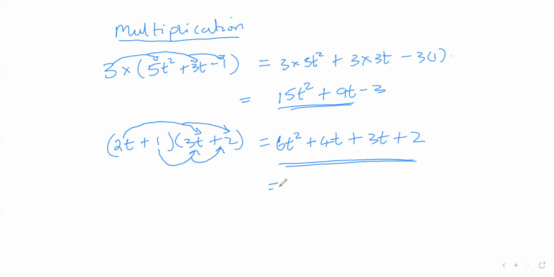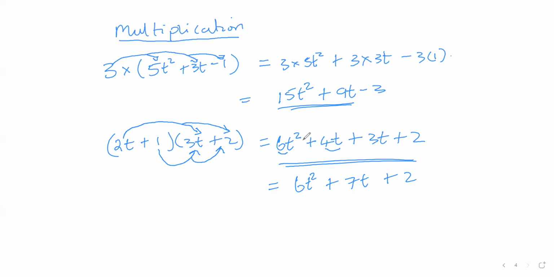So I can simplify further by adding like terms, like we just saw. 6t squared plus 4t plus 3t, 7t plus 2. So notice that 6t squared and 4t are not like terms because we don't have any t squared. The variables are not the same, all right?